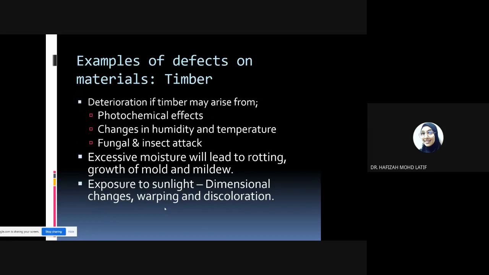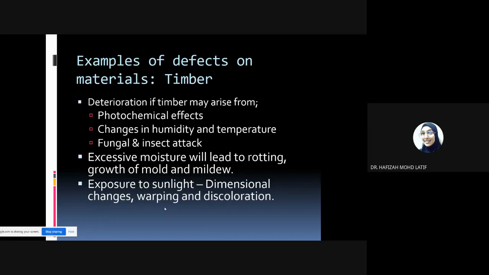So for timber, you have learned this in one of your subjects, building materials. Examples of defects on timber: you can have fungus attack, excessive moisture leading to rotting, growth of mold and mildew, exposure to sunlight, dimensional changes, warping and discoloration.